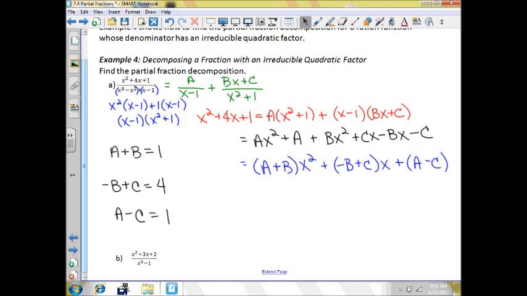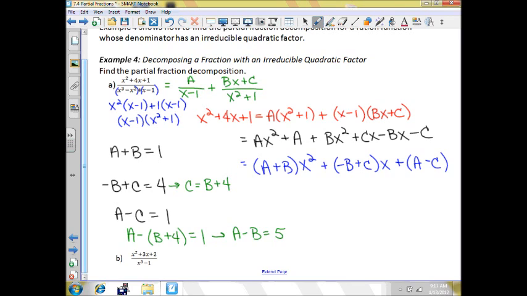So when you solve these, it's actually not too hard. You do have to do some manipulations here. But generally you want to try and get everything into terms of A or B or C. So let's just pick the second equation here. I'm going to say C is equal to B plus 4. That means down here, I'll have this, which means I'll end up with A minus B minus 4 equals 1, which means it's going to equal 5.